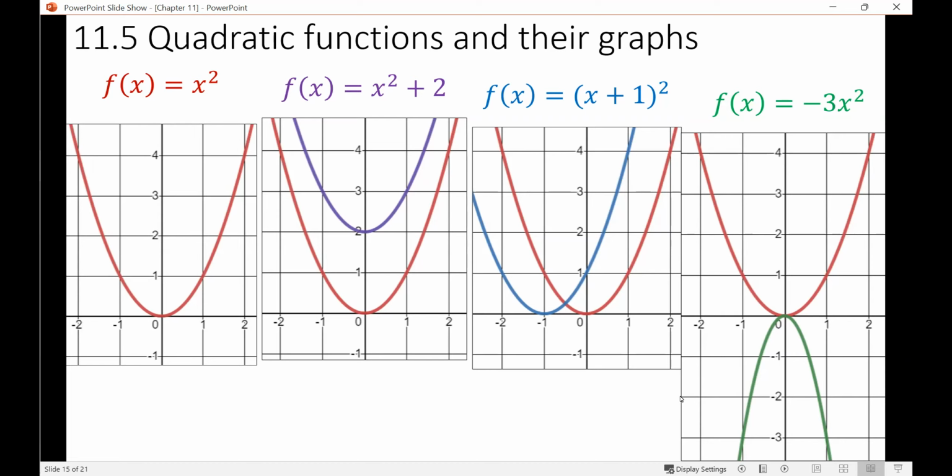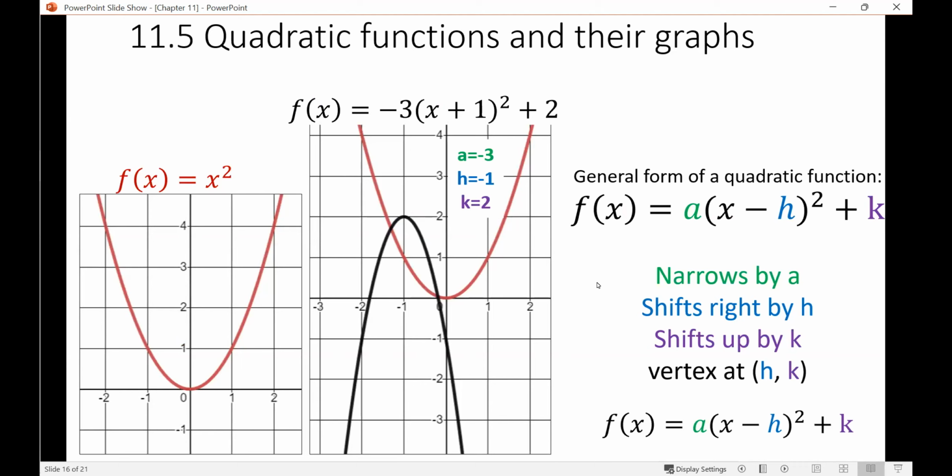So those are the vertical shifts, horizontal shifts, and flipping and stretching, and those are how they're done. We can do all of those things at once if we want. We can shift left 1 by adding 1 to the x.